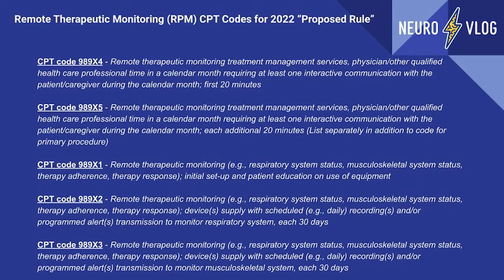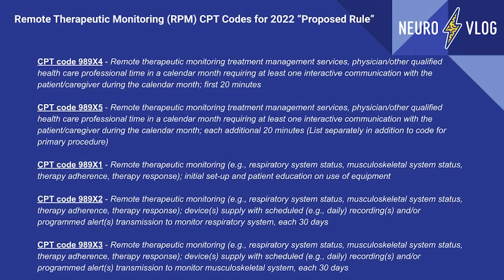CPT code 989X1 is the remote therapeutic monitoring of either respiratory system status, musculoskeletal system status, therapy adherence, or therapy response, but this must include the initial setup and patient education on use of the remote therapeutic equipment that will be transmitting that information.